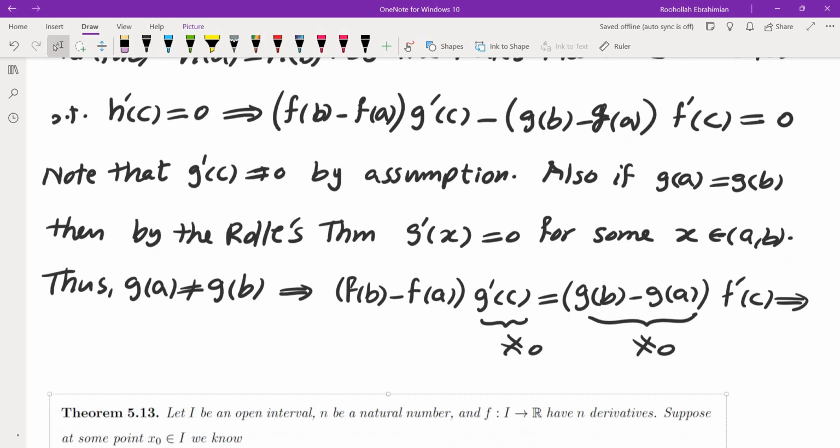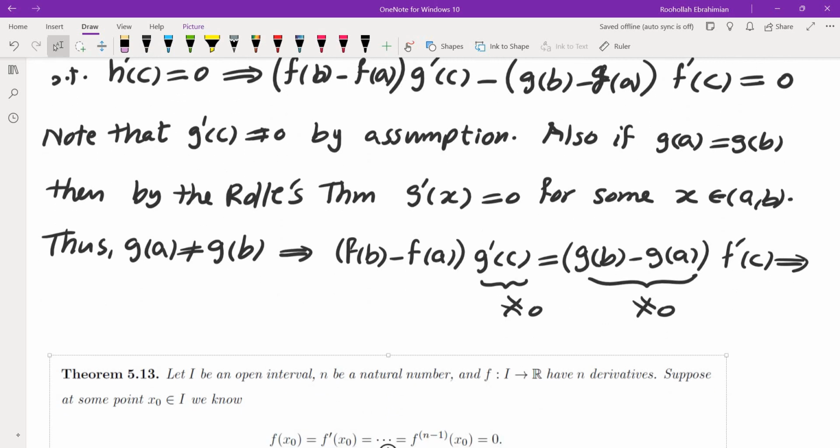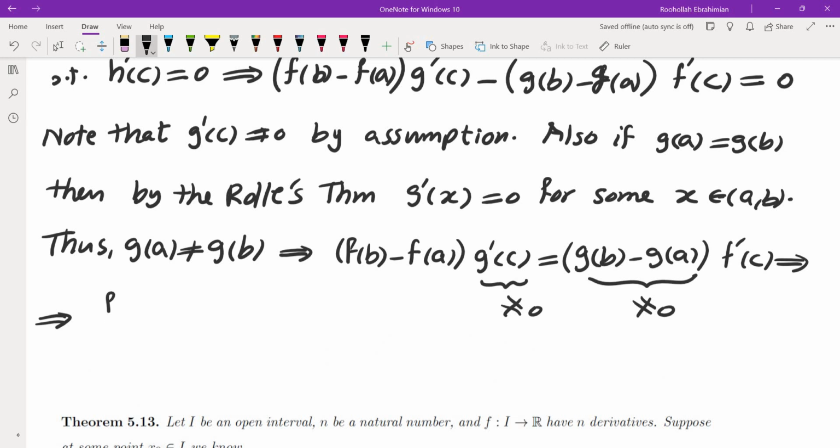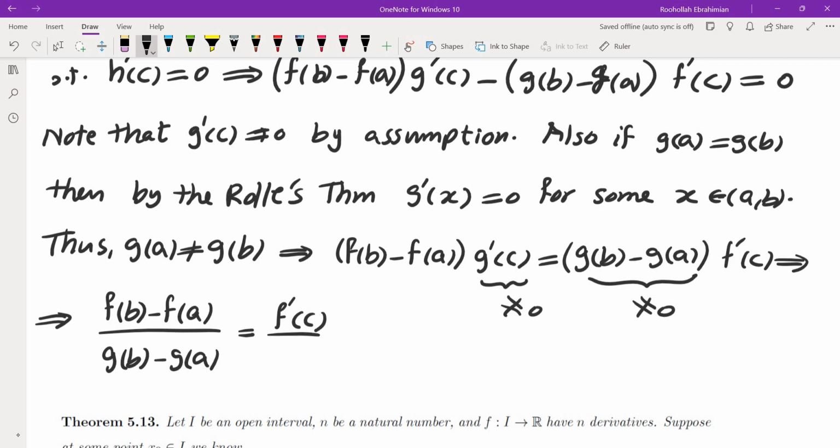This guy is also not 0. We also discussed why g' cannot be 0. That was actually the assumption. So if you just divide by (g(b) minus g(a)) times g'(c), you get exactly this, and that's exactly what we needed to prove.